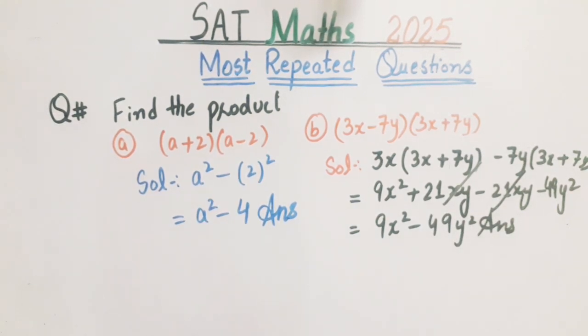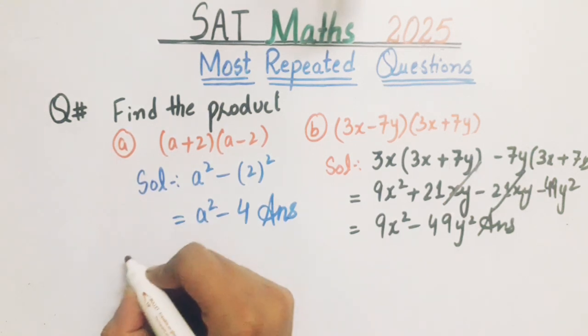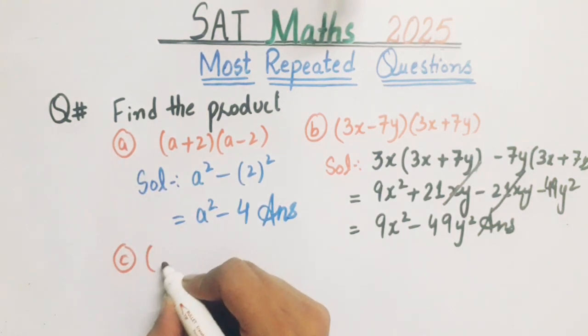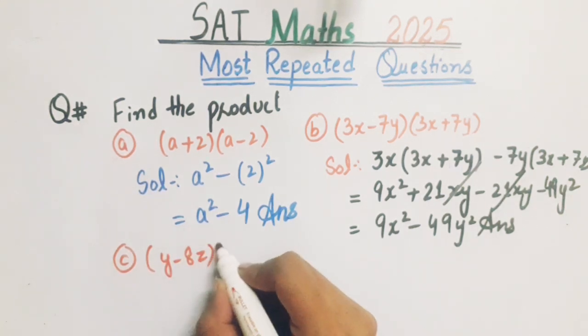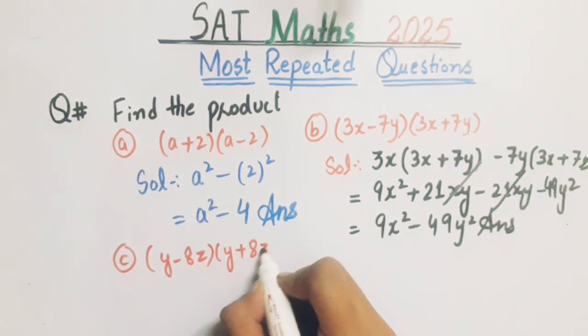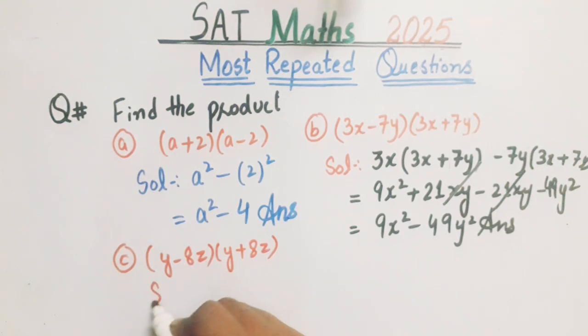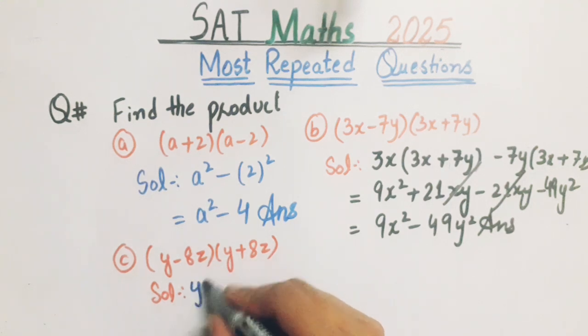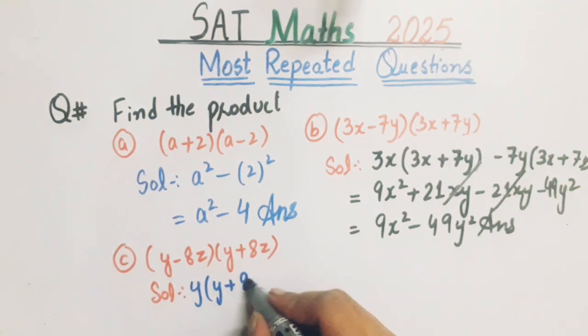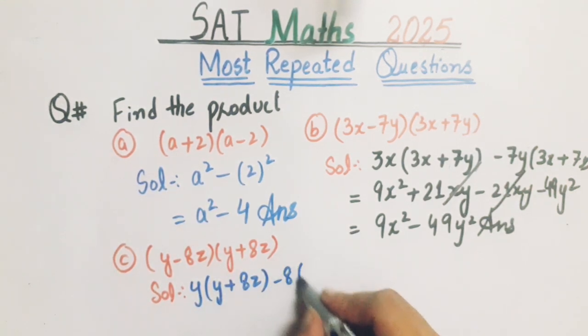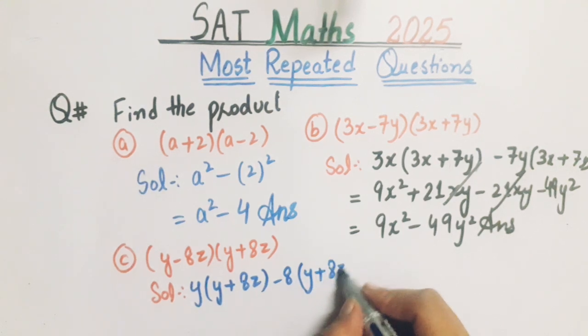Now we will solve the next one. We have y minus 8z into y plus 8z. So we will solve this by multiplying by y, we get y plus 8z, and then minus 8z multiplied by y plus 8z.